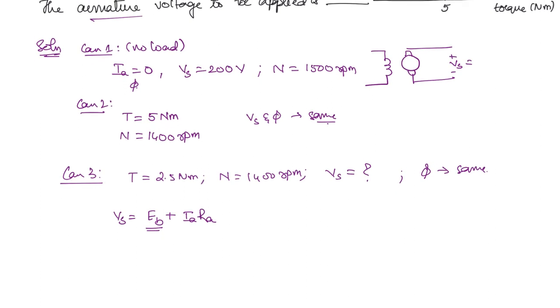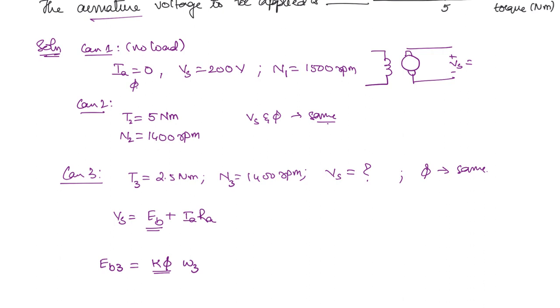So for each of the cases we will use the subscript. That means the speed N1, in case 2 T2 N2, in case 3 T3 N3. Now what is the expression for EB3? This is equal to K phi into omega, using the speed in radian per second because the same K phi you can use for torque as well.